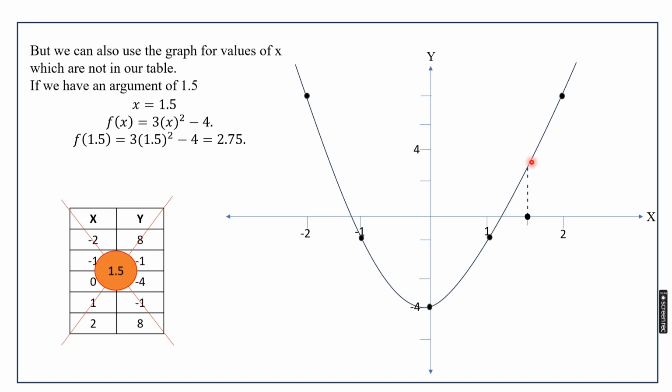Then draw a vertical line, and this is the point of intersection. Then we draw a horizontal line to get the exact value of y. This value is 2.75. So we can easily get the values that are not in our table.